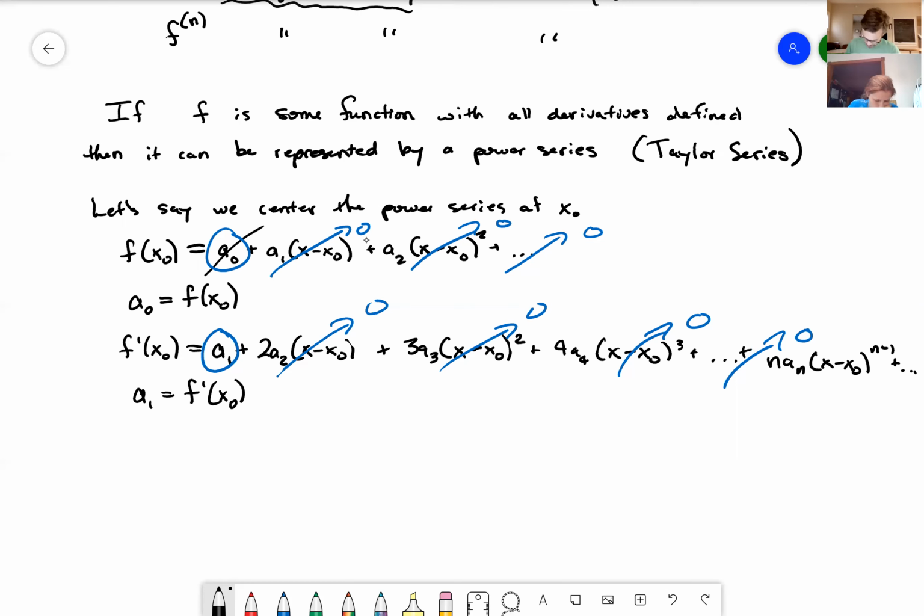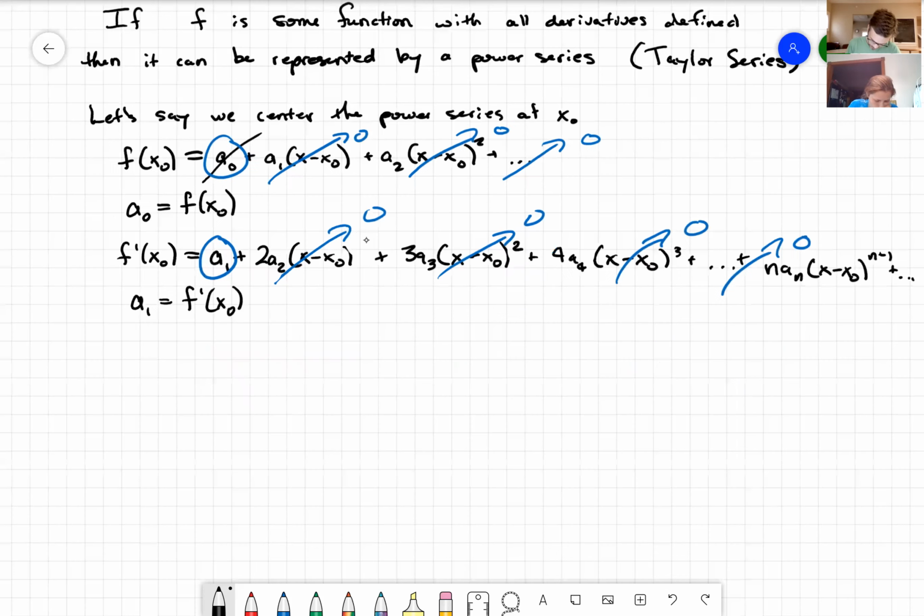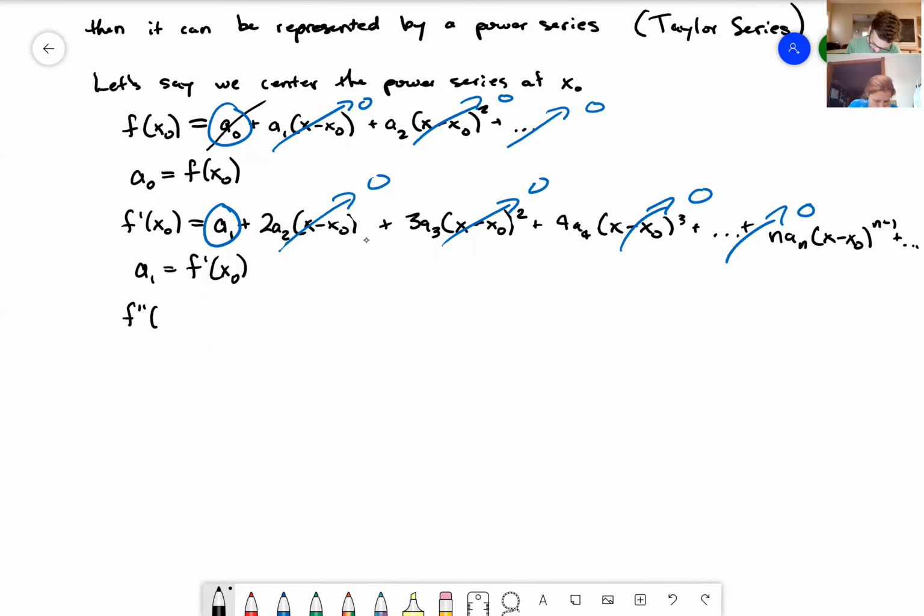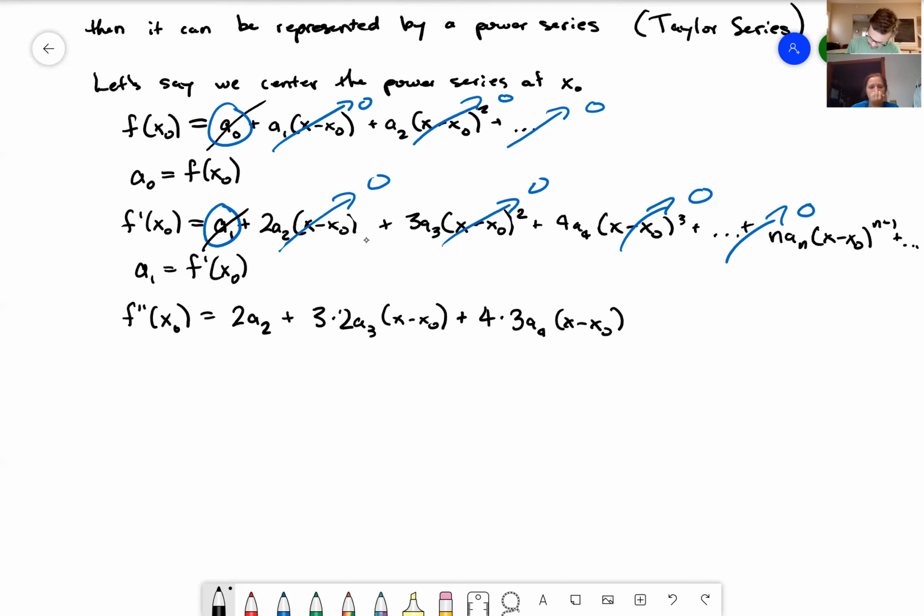So if we want to get a2, we just do this again. Take the derivative again. The a1 will go away. We'll be left with 2a2 plus 3 times 2 a3 times x minus x0 plus 4 times 3 a4. You can see the pattern.